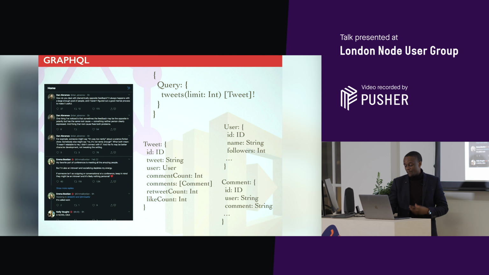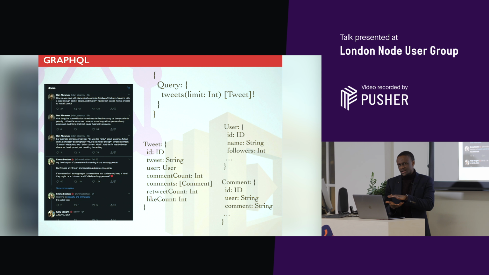Anyway, I define what this object is. A tweet has an ID, has a tweet, which is a string, and there are many base types, things you can actually return, like data objects. There's string, there's int, and ID is just an ID. You can also have custom types.